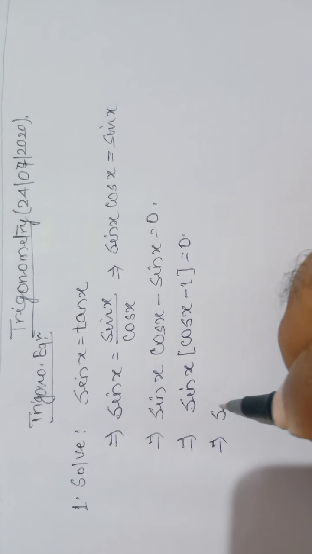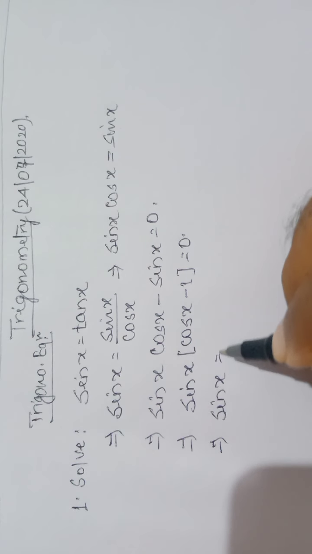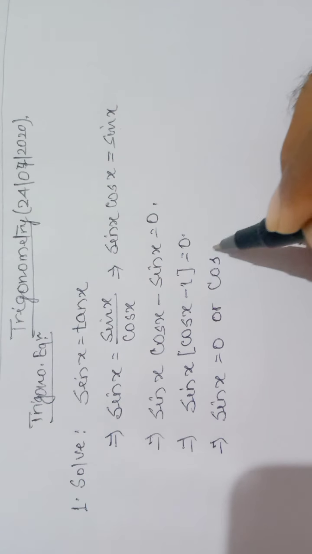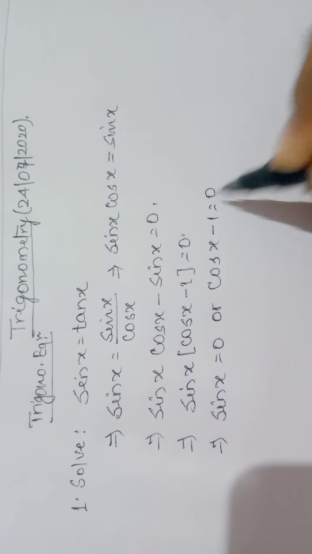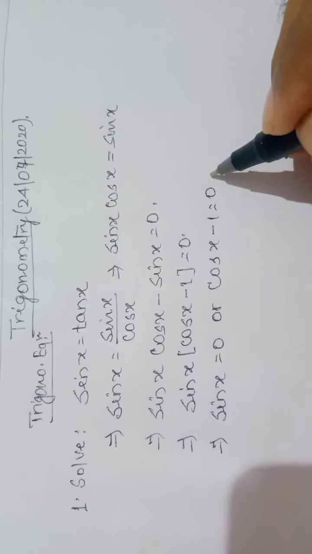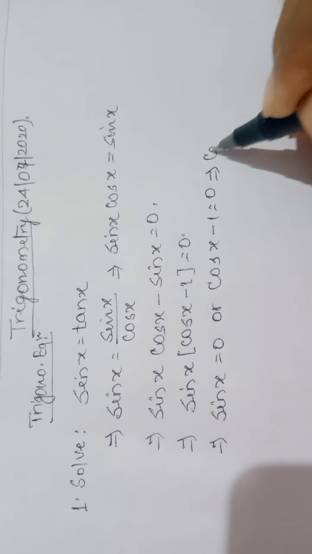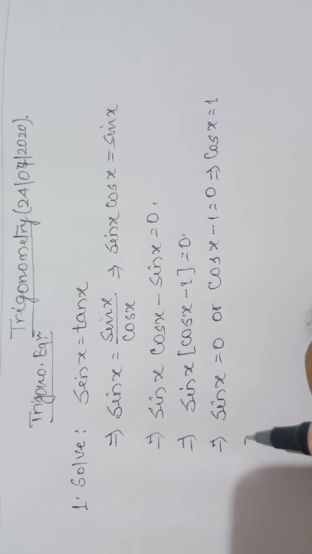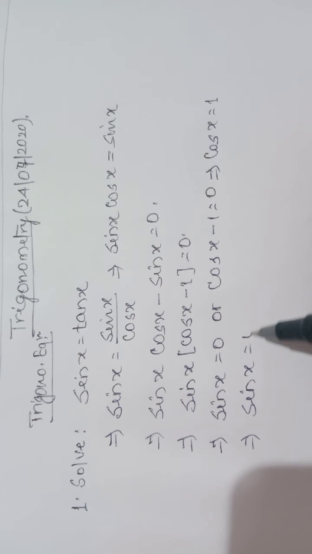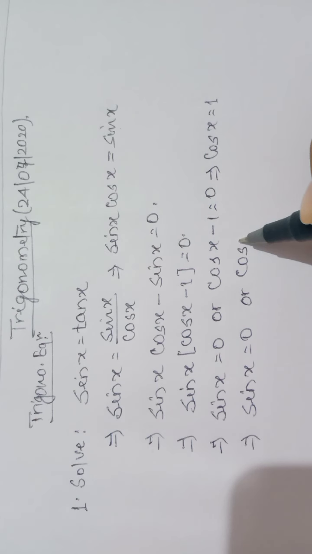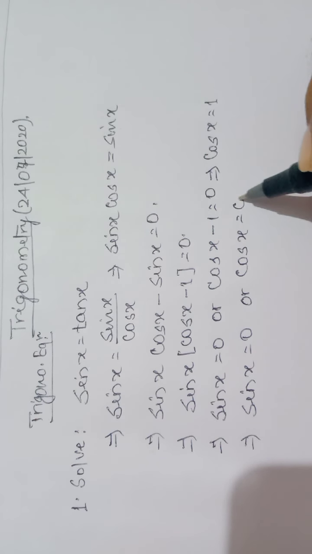Either sin x is equal to 0 or cos x minus 1 is equal to 0. Cos x minus 1 equal to 0 means cos x is equal to 1. Hence, we have sin x equal to 0 or cos x is equal to cos 0 degree.